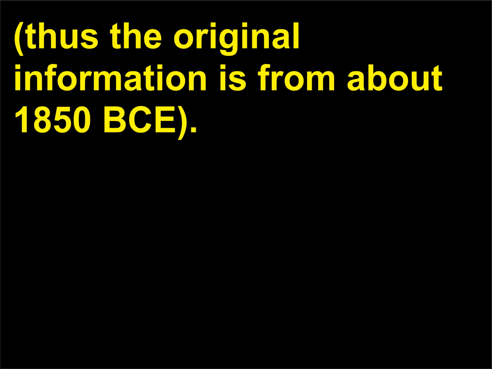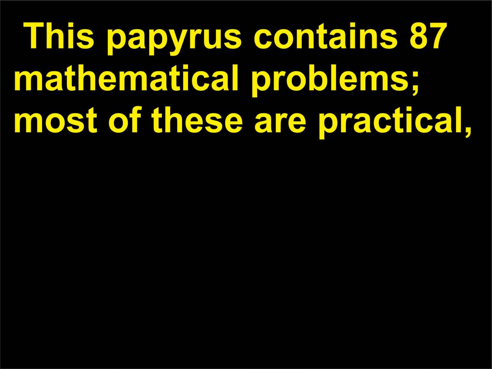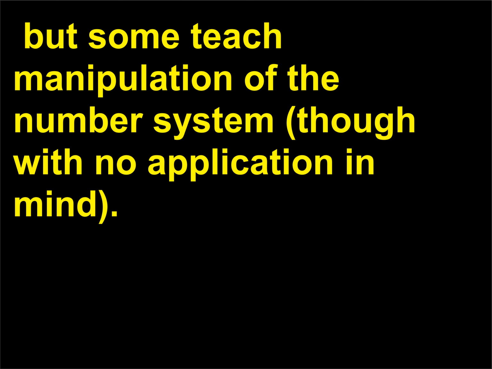Thus the original information is from about 1850 BCE. This papyrus contains 87 mathematical problems, most of these are practical. But some teach manipulation of the number system, though with no application in mind.